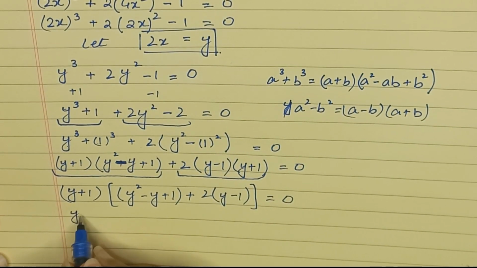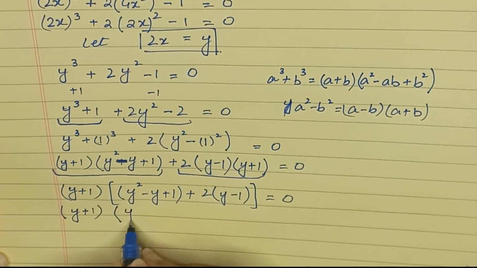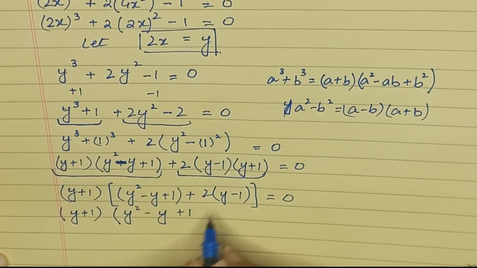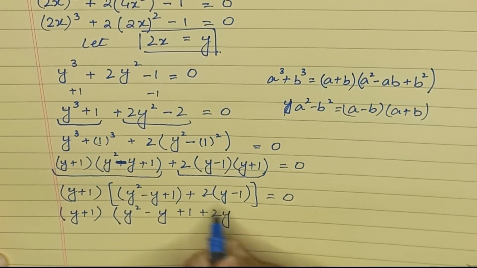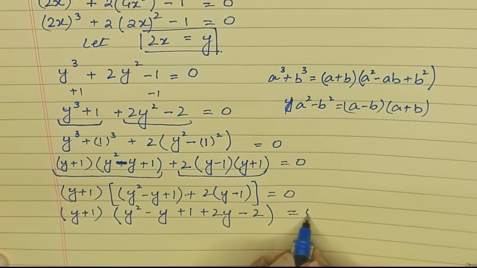So it will become (y plus 1)(y square minus y plus 1 plus 2y minus 2), which is equal to 0.